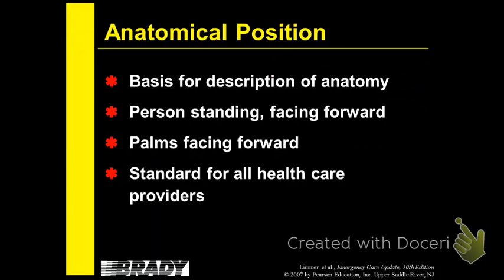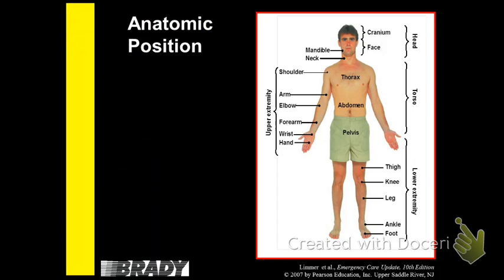So the anatomical position is facing forward with the thumbs rotated outward. If the patient's not in the anatomical position and you turn the thumbs in, the bone or artery you describe is not in the right spot, right? So you have to make sure you're using the right anatomical position.